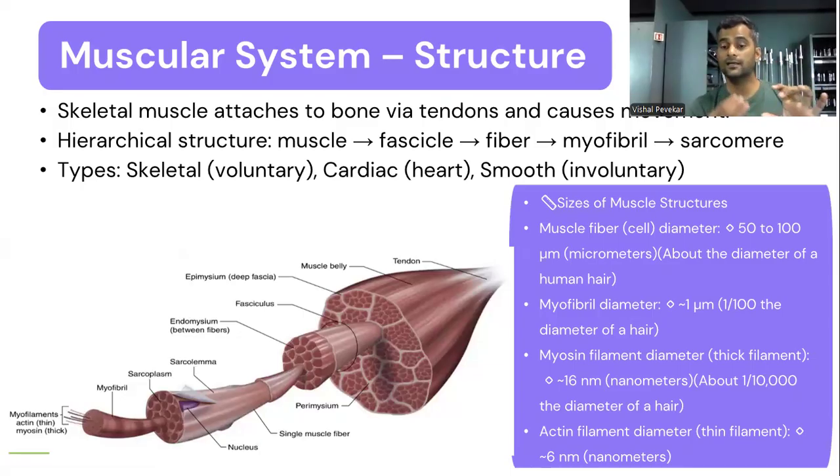They are inside your myofibril, and the myofibril is inside your muscle fiber, and the muscle fiber is inside your fascicle, and fascicles are put together eventually making a muscle, right? So this is how your muscle structure looks.